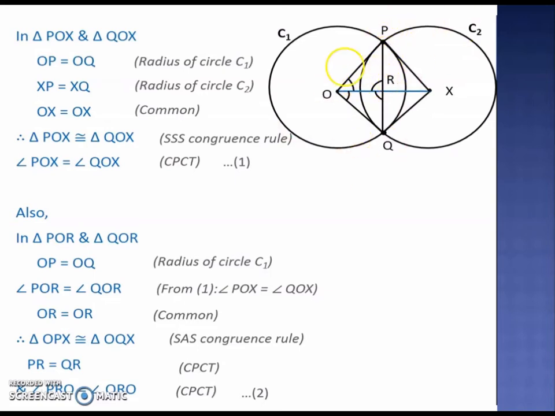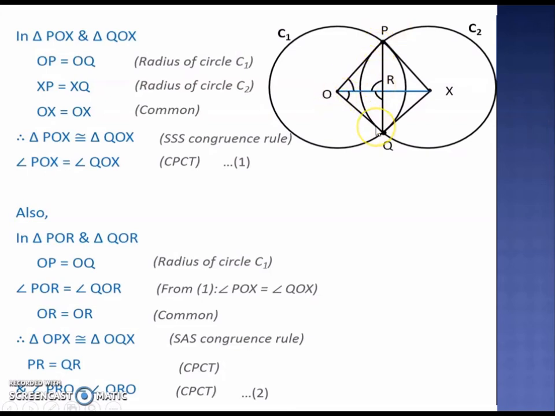This part we have proved because it will be helpful in proving the next congruency. After proving that these angles are equal, next we will consider triangles POR and QOR. Here we have already proved these two angles are equal.